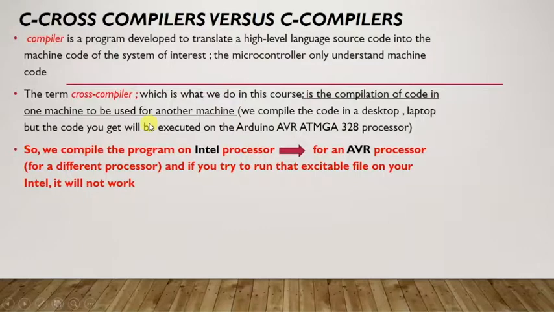A compiler is a program developed to translate high-level language source to the machine code of interest. The microcontroller only understands machine code. The term cross-compiler, which is what we will do in this course, means compiling code on one machine to be used on another machine.